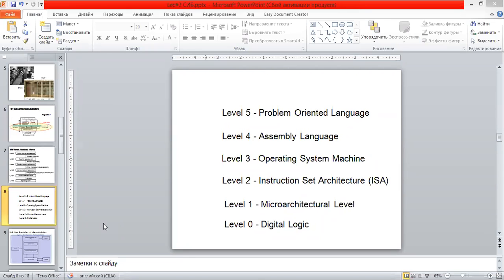Next level, microarchitectural level. Microinstructions are low-level control instructions that define the set of data path control signals which apply to a given state of the computing machine.